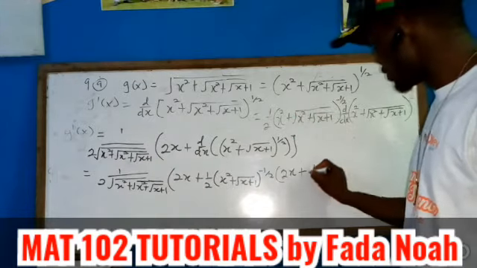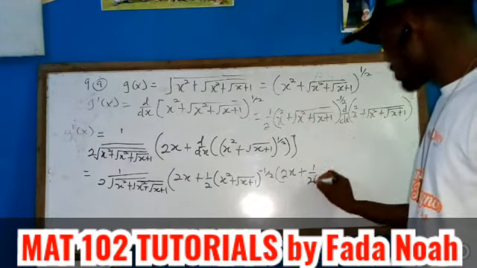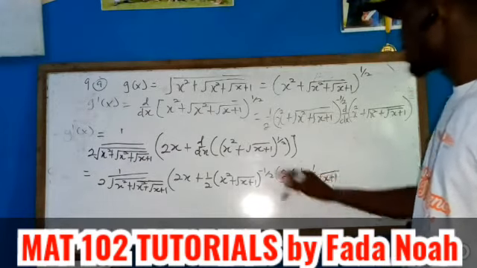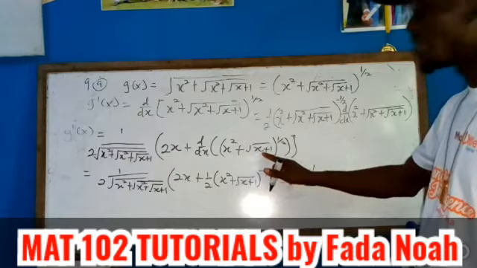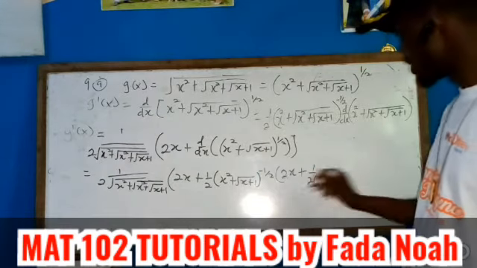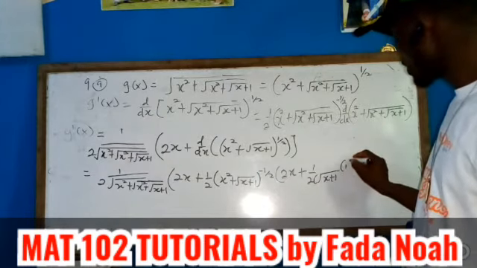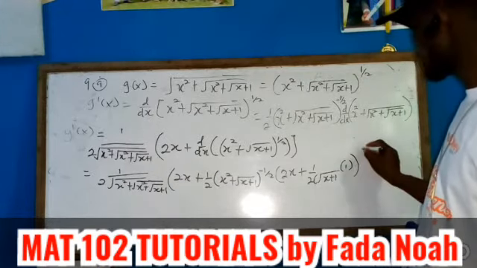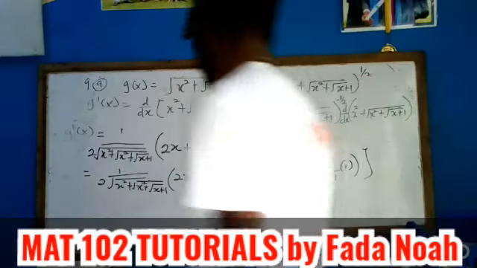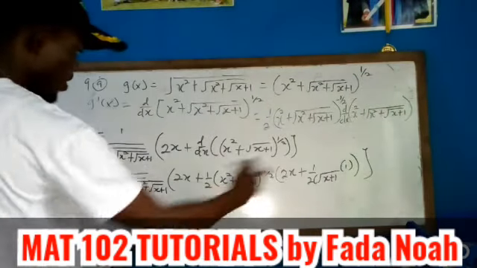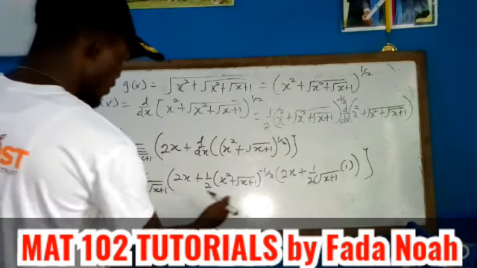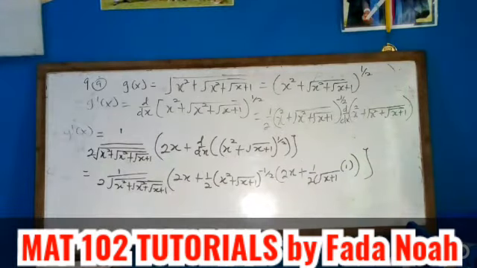So we have 1 over 2 times the square root of x plus 1, times the derivative of what is inside the square root, which is 1. We can further simplify this one, or you leave your answer as such.